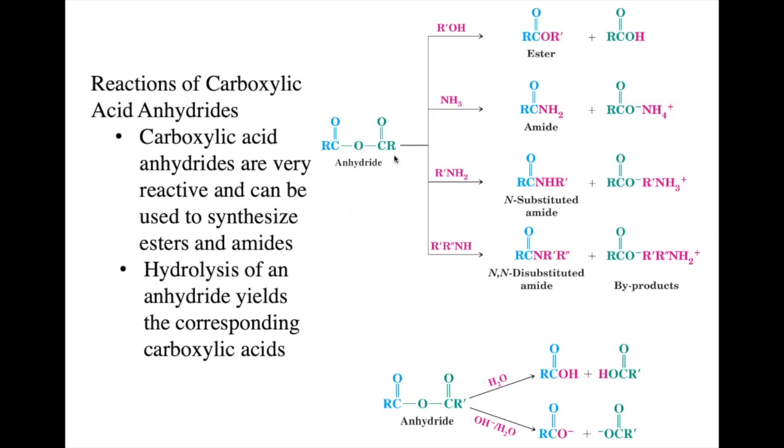Okay, now from anhydrides, you can react this with an alcohol, an amine, an amine to form the corresponding products. Okay. Or pwede ring water, so that will break the anhydride to form your carboxylic acids. Or if you react this with a base, aqueous solution, you form carboxylates.